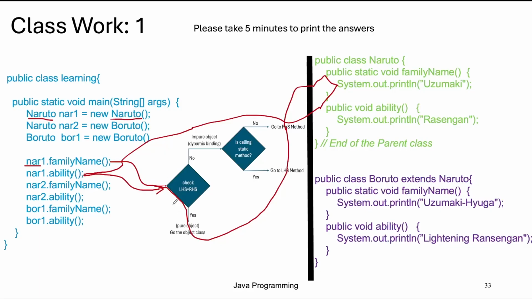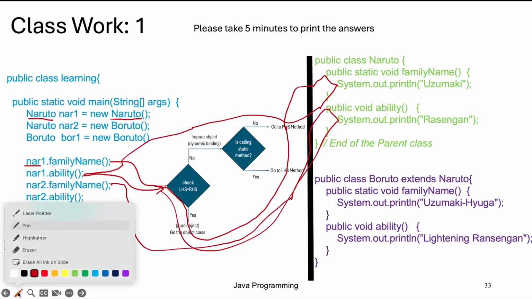So we have to simply go to the pure object, how it behaves. It goes to the Naruto class, goes into ability, prints Rasengan, and then comes out. And then it will come to this line, nar2 dot family name.